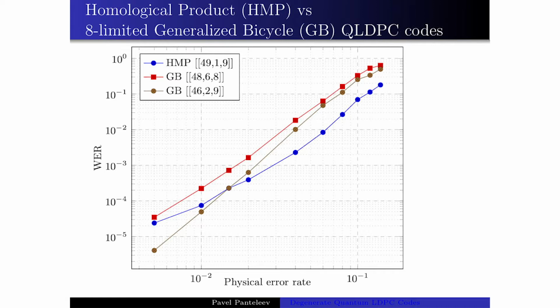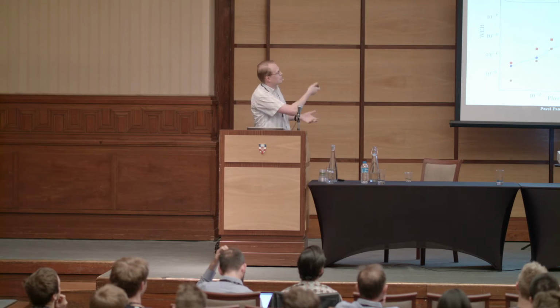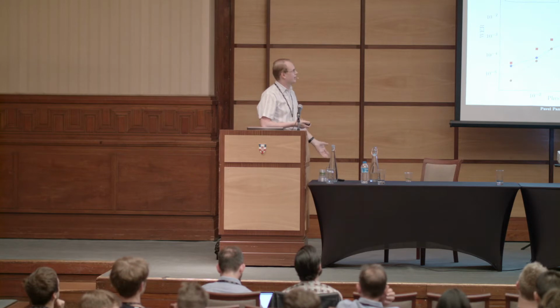For example, if you look at the example given by Bravyi and Terhal in his paper, he used a small homological product code. We managed to find a couple of codes in just a minute that have, for example, 6 times more logical qubits and almost the same performance.